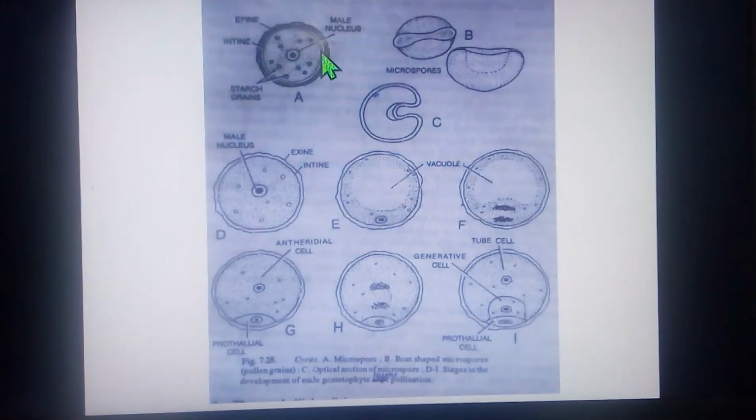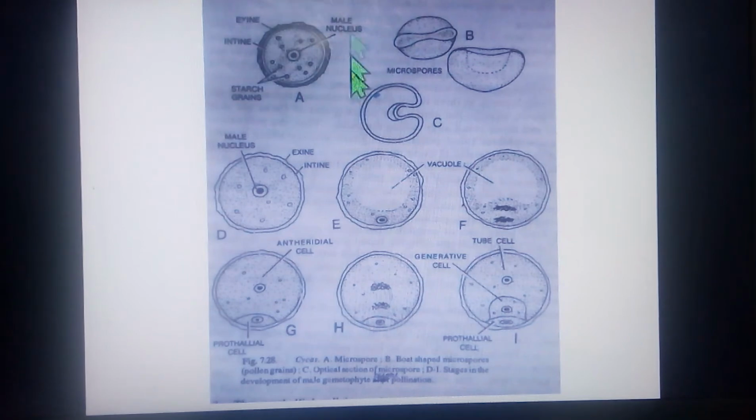Each spore, when just formed, has a two-layered wall. You can see here, the outer layer is called the exine, and the inner is called the intine.